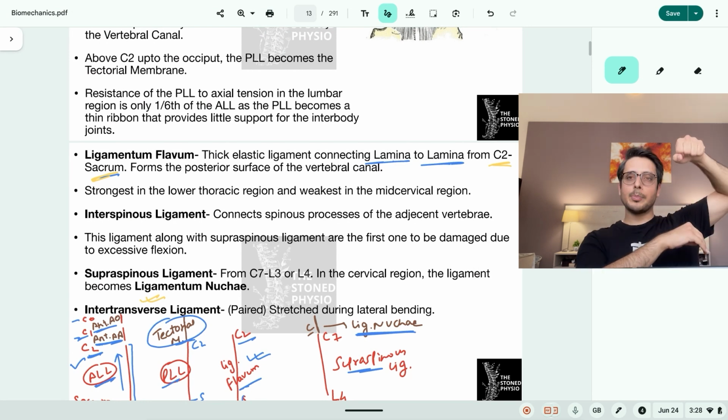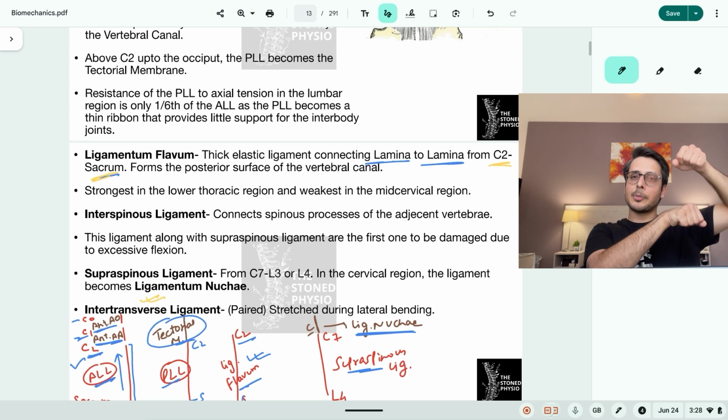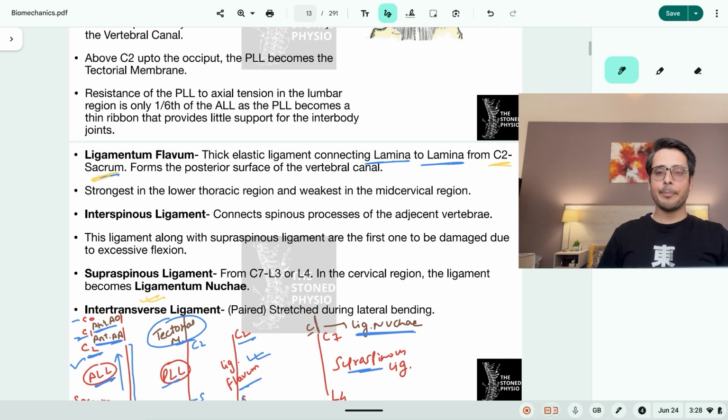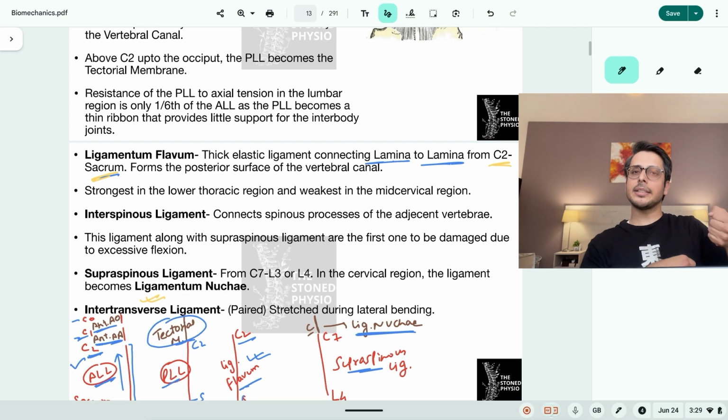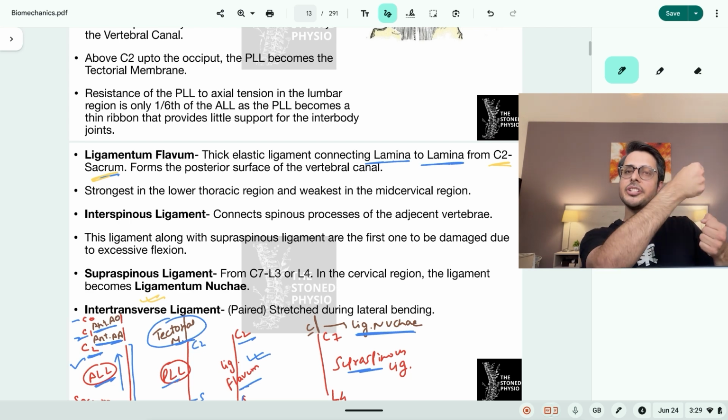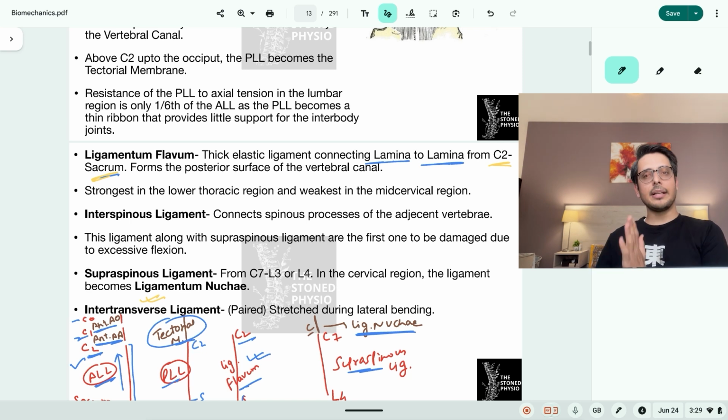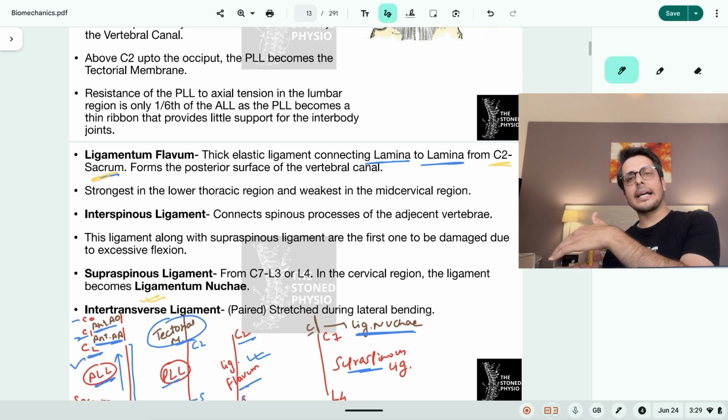If I tilt sideways to my left, the right side intertransverse ligament will be stretched and become taut, and the left side intertransverse ligament will become lax.